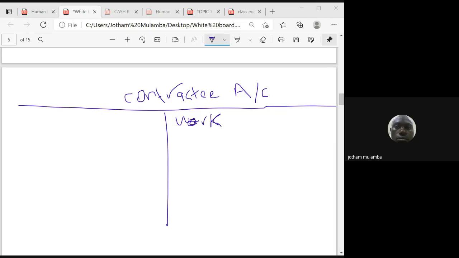Once the lowest bidder has been given the contract, the amount he quoted becomes the contract price. When he does the work, at every step he has to engage the architect. Assuming we want to excavate, as he excavates he has to get the architect to come and verify that he has excavated to the depth the architect recommended.